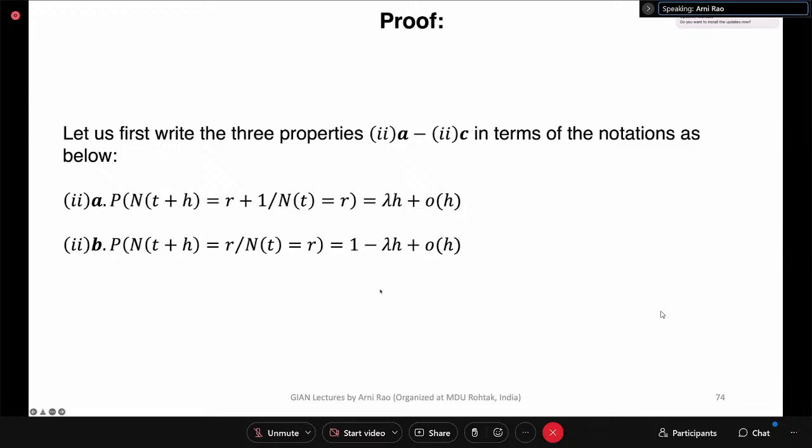No events means 1 minus lambda H. Then for greater than R plus 1, more than one event occurred, order of H. Whatever you learned in the previous slide, we saw the same thing in terms of notation.